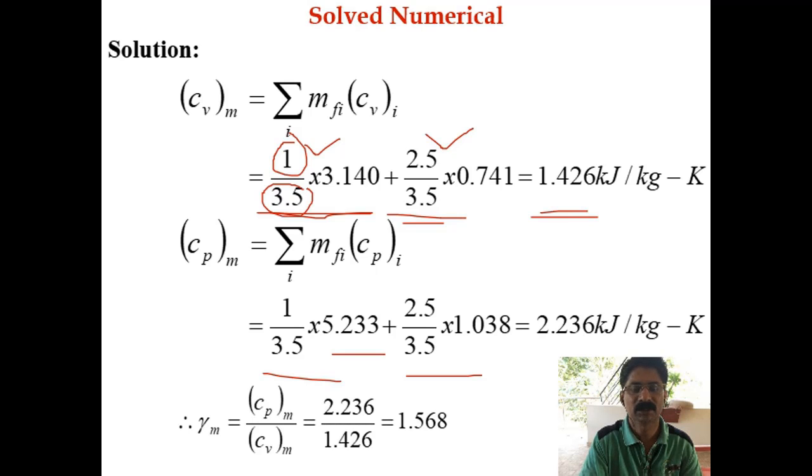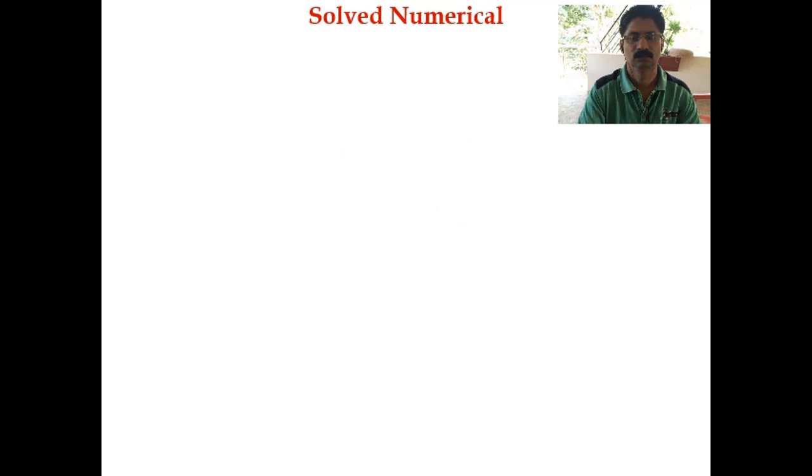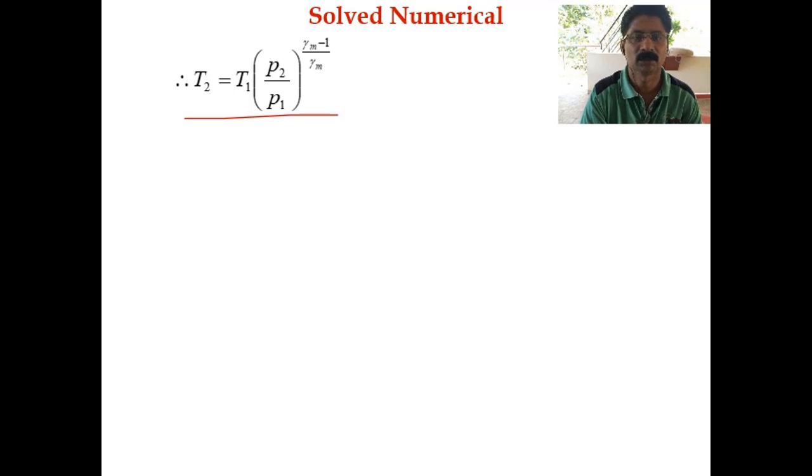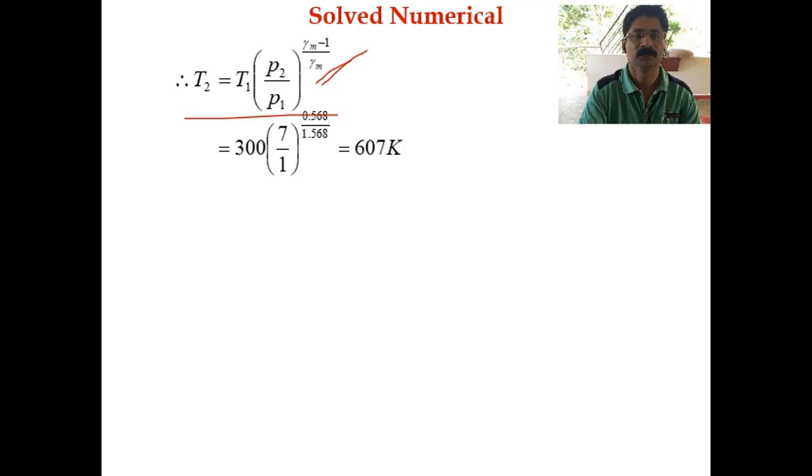Now gamma for the mixture is nothing but Cp for the mixture divided by Cv for the mixture, so we will get it as 1.568. Now the final temperature of the mixture T2 is equal to T1 into P2 by P1 to the power (gamma_m minus 1) by gamma_m, because this is for the mixture, the ratio of specific heats. After substitution you will get the temperature as 607 Kelvin.